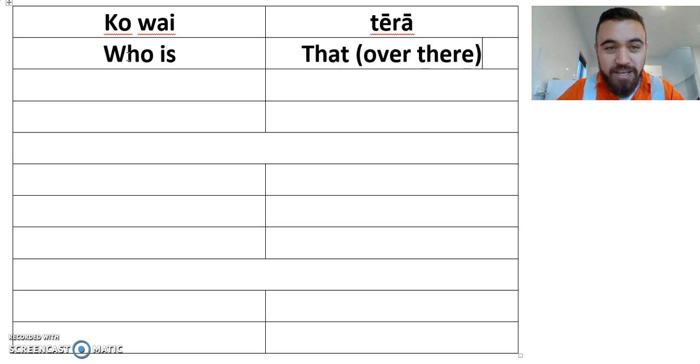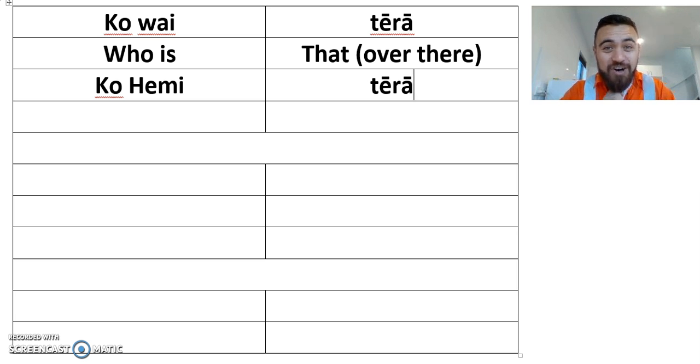And again, quite simply, ko Hemi tērā. So in this case, we're both using tērā because I'm talking about someone over there, and the person I'm speaking to, they're also talking about the same person who is over there, away from both of us. So we can both say tērā. Now that's different to what we were saying before about tēnei goes out, tēnā comes back. In this case, using tērā, tērā goes out, and then tērā comes back. So that's it. That's all it is.